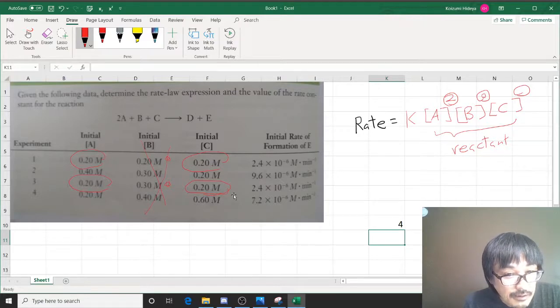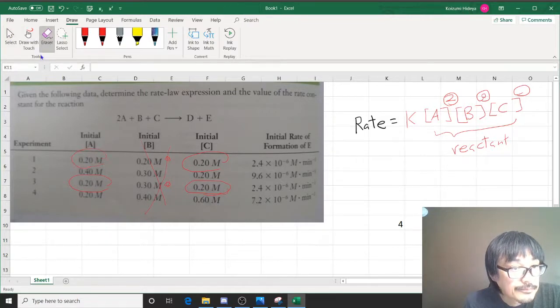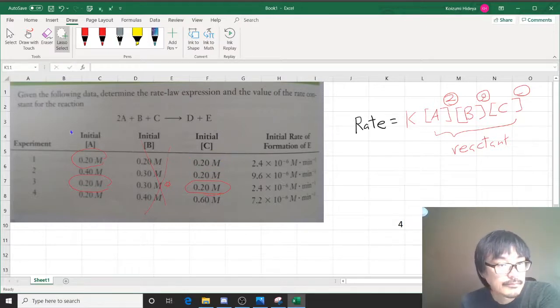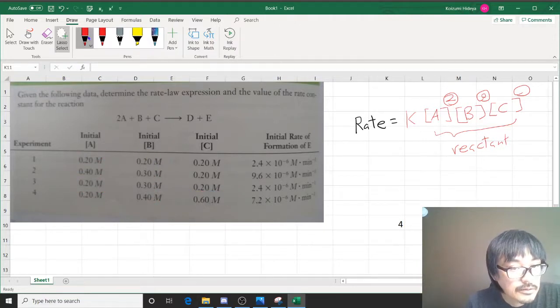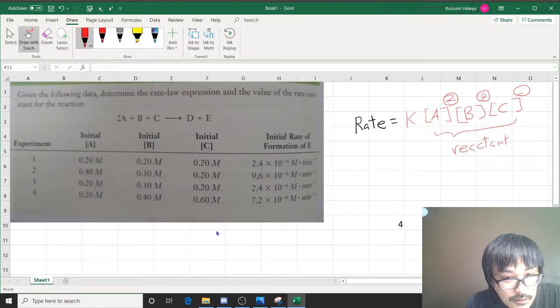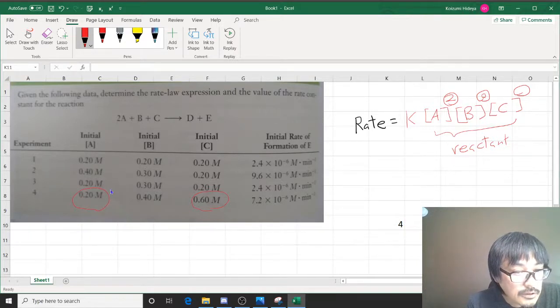Then let's think about the concentration of C changing while the other things stay consistent, and we don't care about B. I know the concentration of C is 20, and I need to look for a 20 changed to 40.